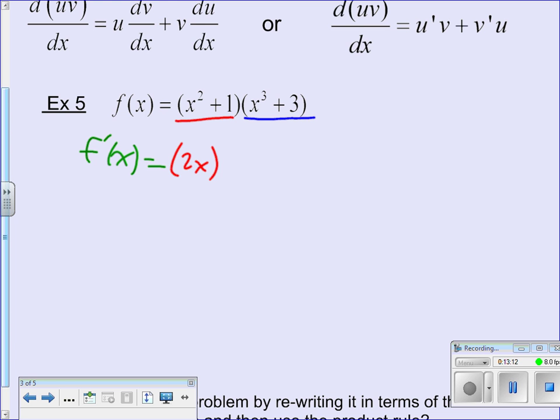Times the second term, unchanged, plus my first term, unchanged, times the derivative of my second term. What is the derivative of x cubed plus 3? 3x squared.